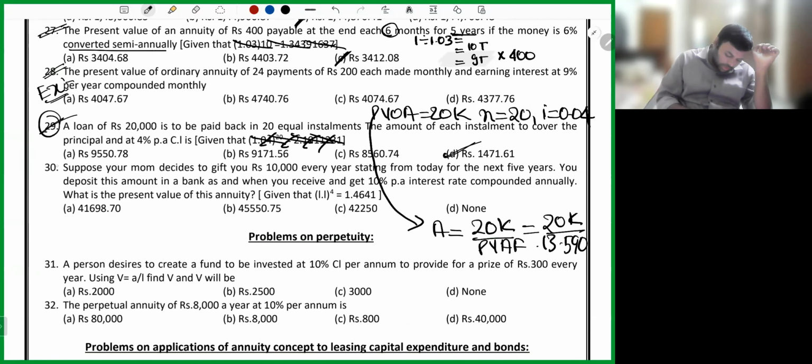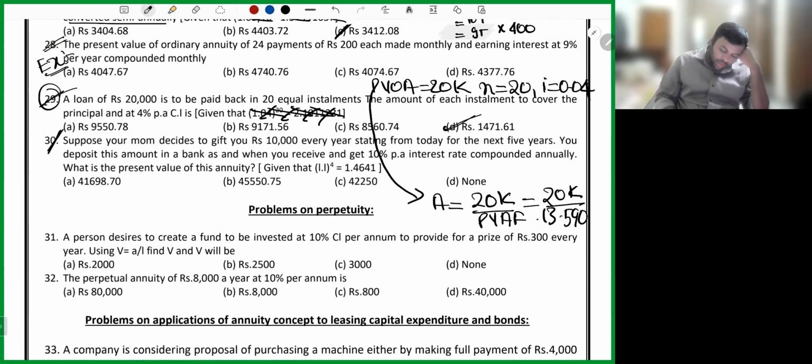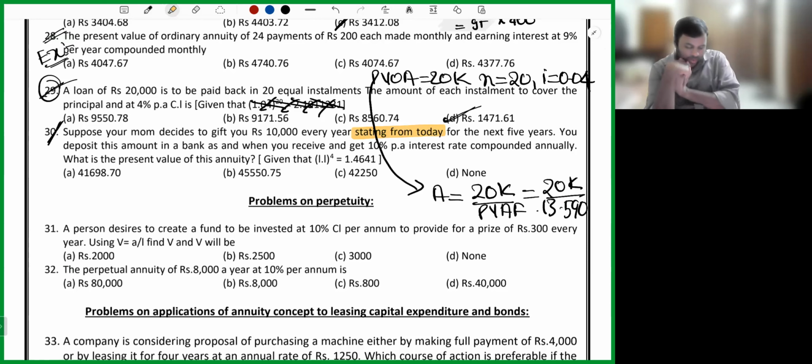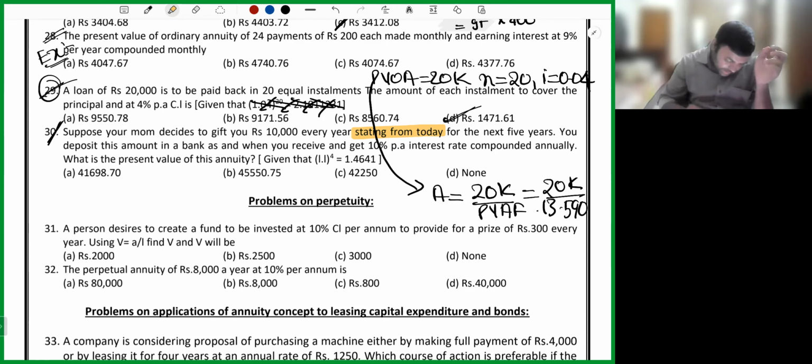Now, question number 30. Suppose your mom decides to gift you 10,000 every year starting from today. Starting from today. So is it ordinary annuity or annuity due? Annuity due, sir. Okay, for the next 5 years, you deposit this money whenever you receive it at 10%. What is the present value of annuity? Try to understand.